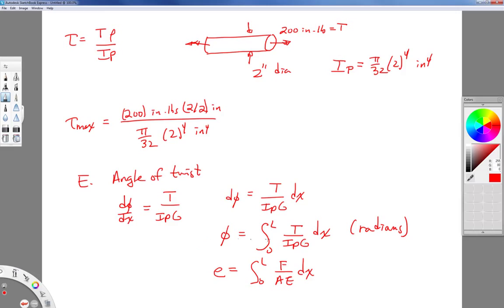The phi formula, the angle of twist formula, works in the same way as this little e formula. If the torque changes, if the diameter changes, or the material properties change, all those have to stay inside the integral. But if any of those are constant, they can be pulled out in front.